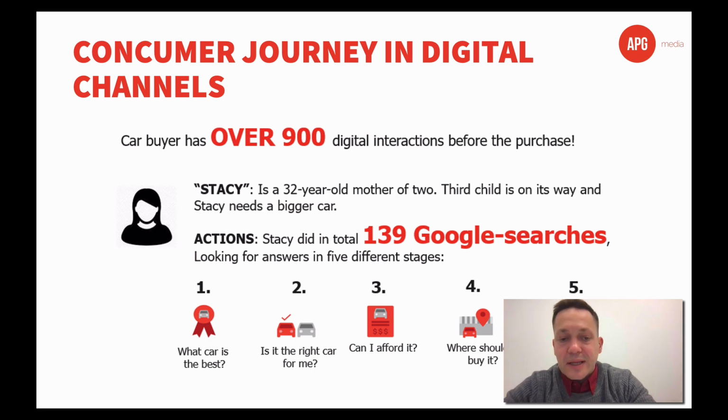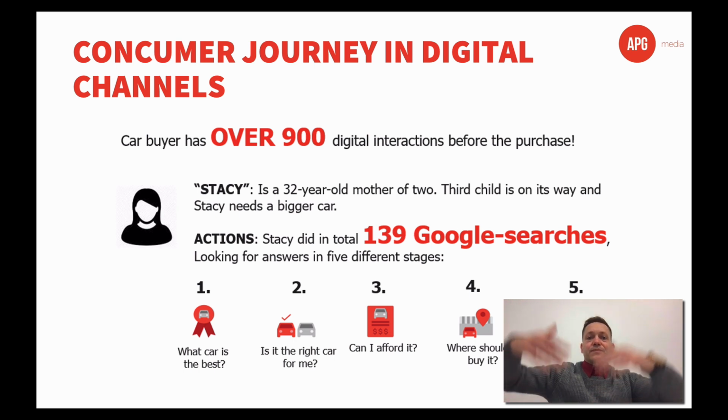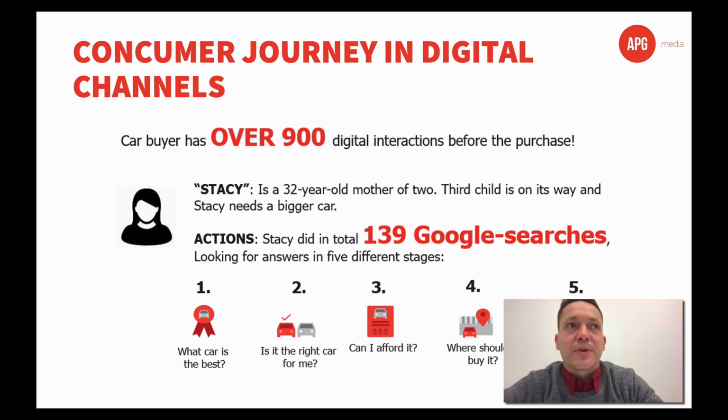So this is one of the elimination elements for me, but this is already stage two. Is this the right car for me? Then, of course, can I afford it? There are a couple of cars that I looked at, and they're really awesome ones, with projectors showing the speedometer and map elements on the windshield.